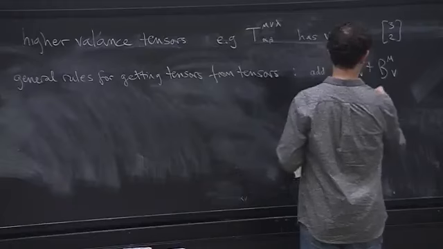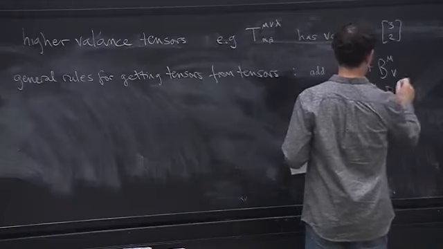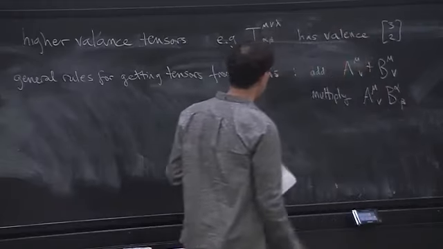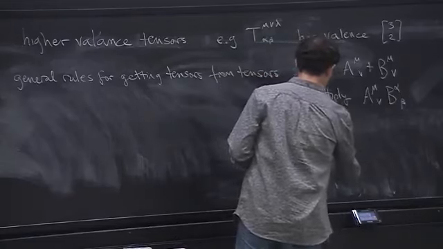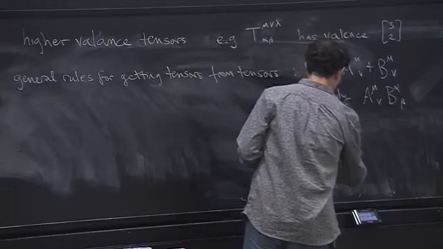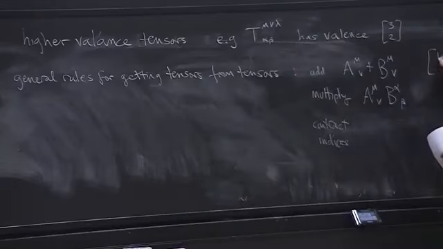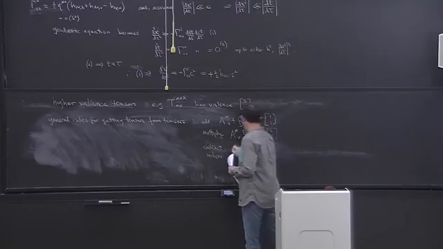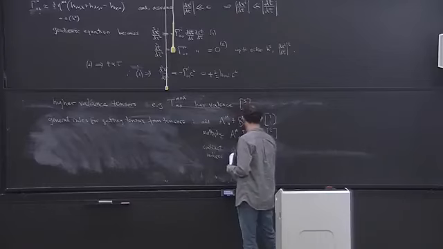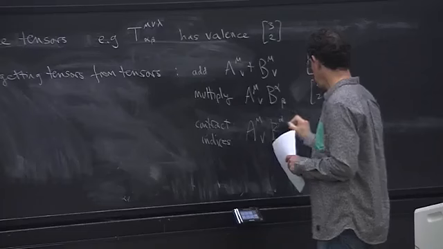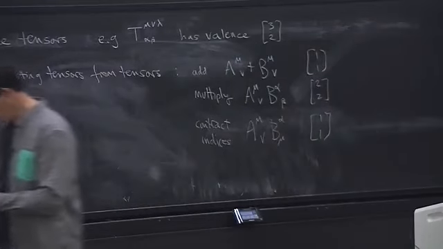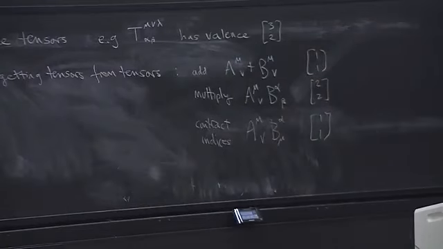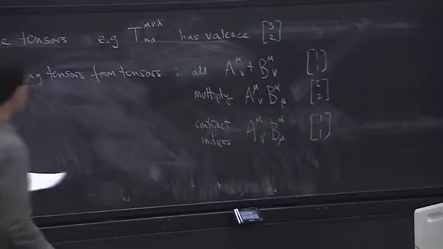We can write A mu nu B alpha beta. That's still a tensor. We can contract indices. Okay, so this is obviously a 1, 1 tensor. This one would be a 2, 2. This A mu nu B mu alpha would be 1, 1 again. We lose 1 up and 1 down when we contract, and so on.